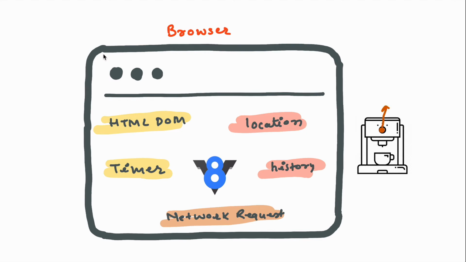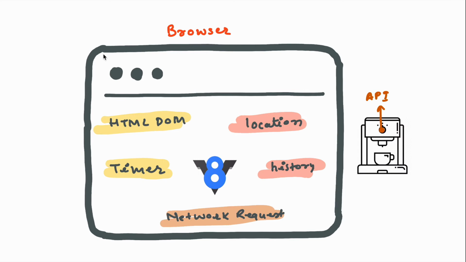So this button, in terms of programming, is known as API. So this is Application Programming Interface. Or you can think of it as the interface through which you can program or give instructions to this coffee maker machine. Similarly, to access all these features like HTML DOM, timer, network request, history, location, the browser provides API.